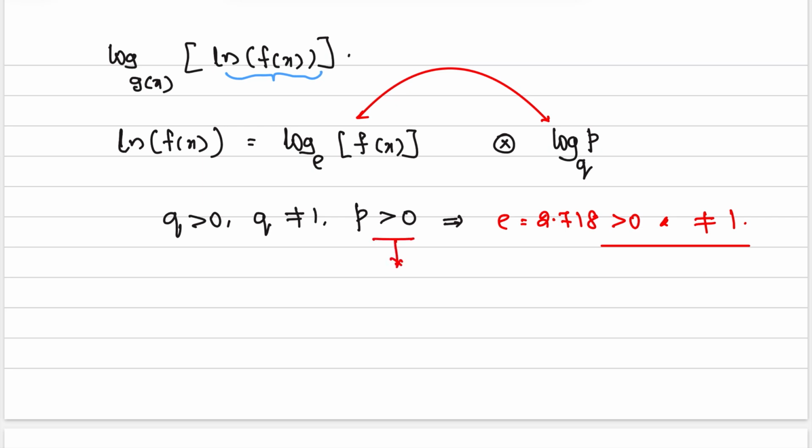That implies f(x) should be greater than 0. This is the first step. Step 1: because base e already satisfies greater than 0 and not equal to 1, the only condition we get from the internal natural logarithm is that f(x) should be greater than 0.